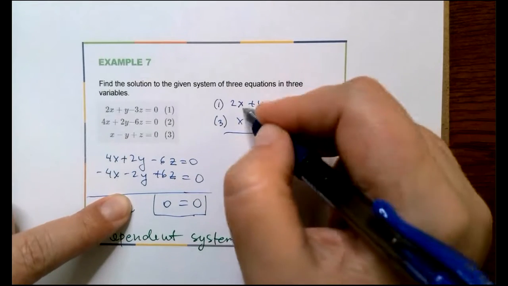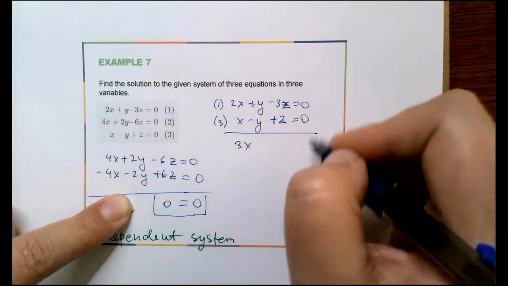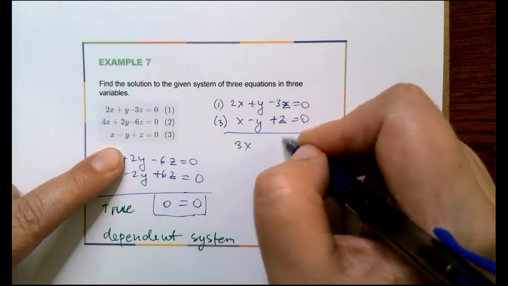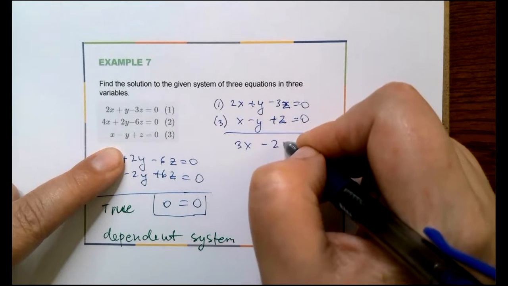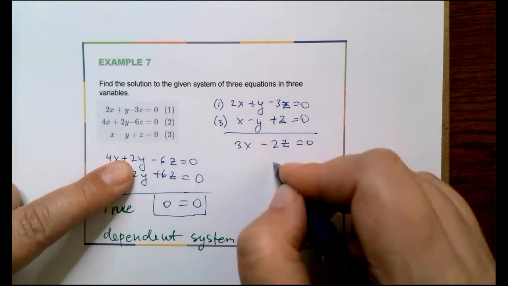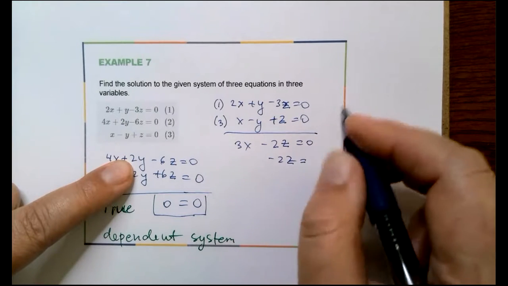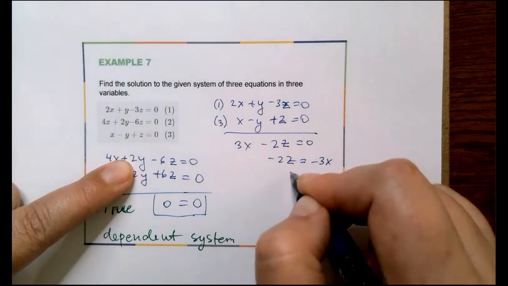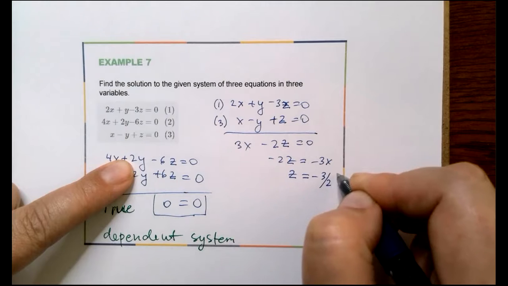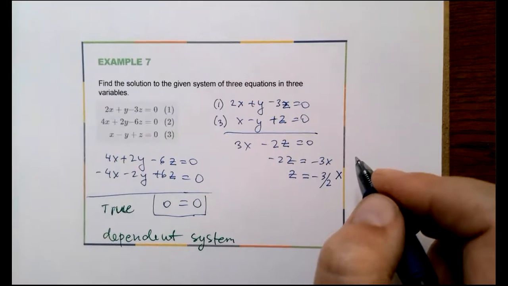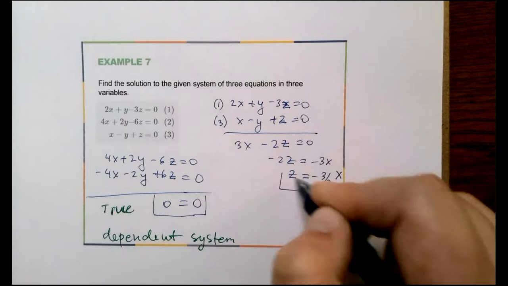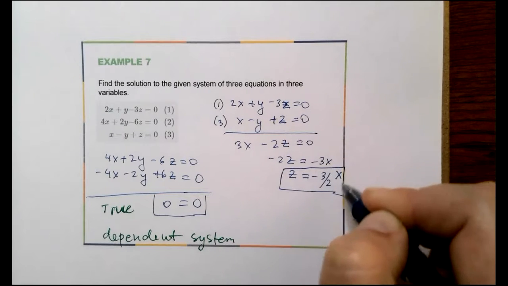So I have 3x, y is gone, and negative 3z plus z is negative 2z, equals 0. Now I'm going to solve for z. Negative 2z equals negative 3x, so z is negative 3/2 x.